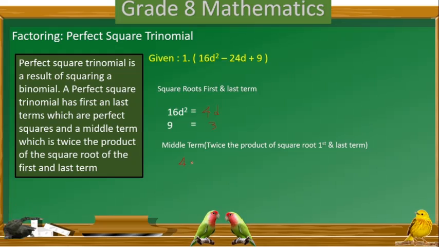This is 4 and 3, equals 12. Double it, times 2, 24. Okay, correct. This is a perfect square trinomial. So, without much ado, you copy 4d minus 3 raised to the power of 2. That's all.